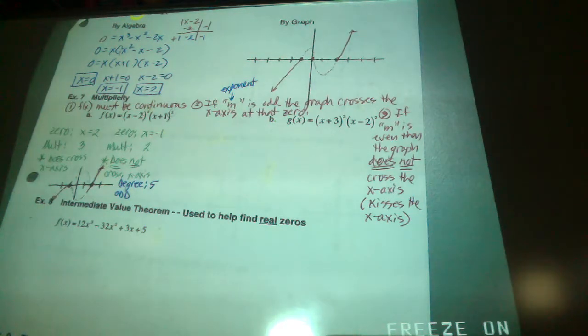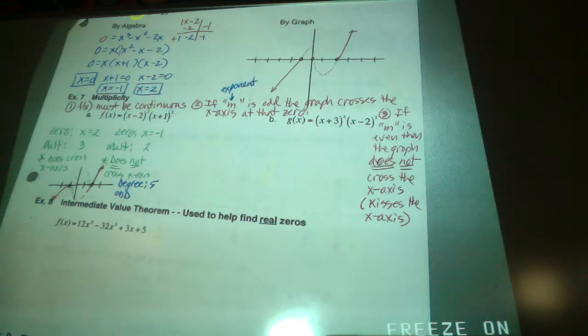Consider what the overall degree of the polynomial is, whether it bounces or crosses at those zeros. Yeah, it's not. It's going down.